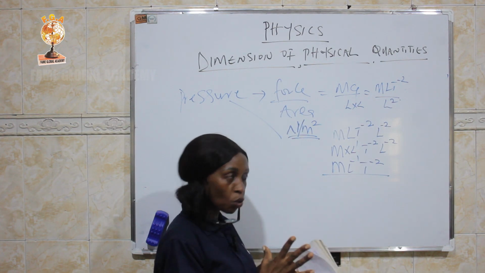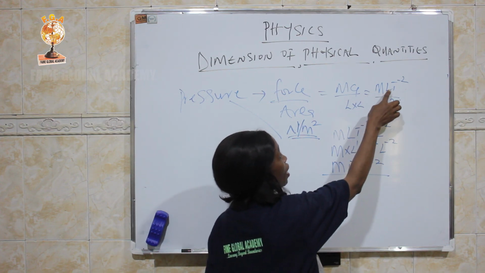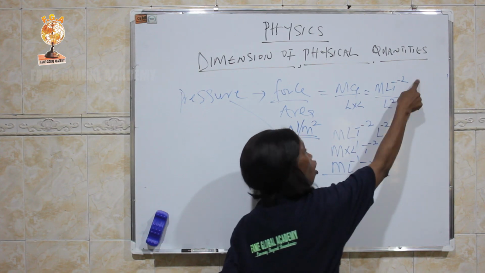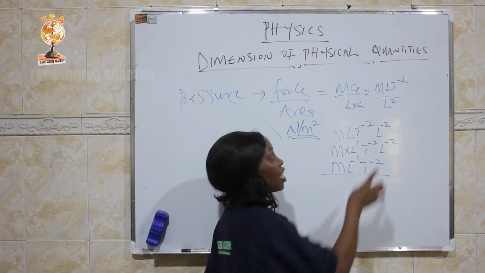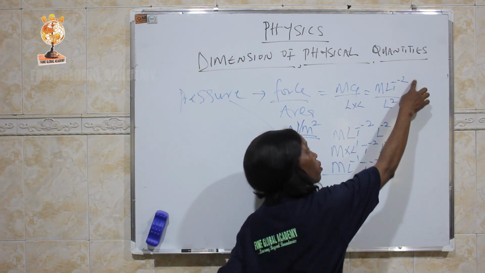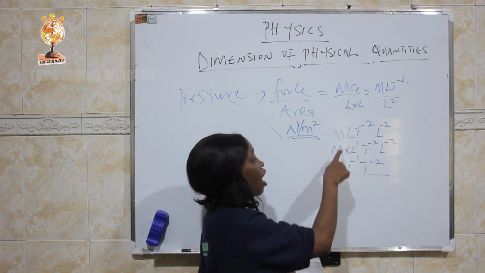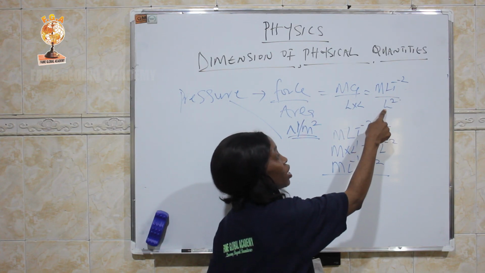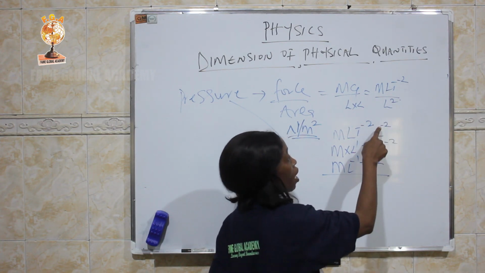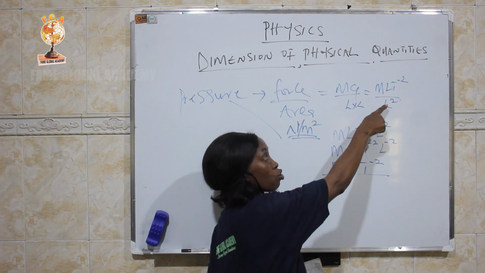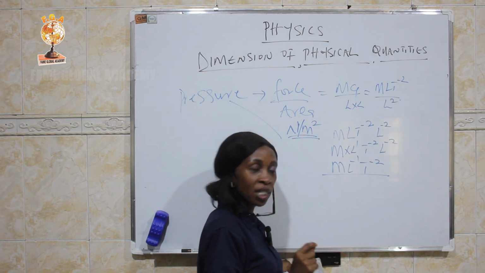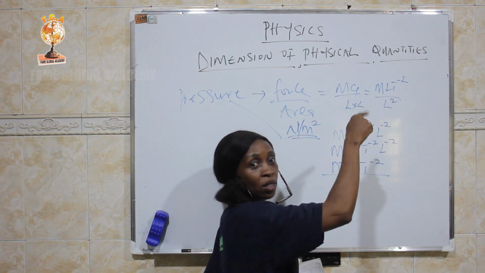If I combine it together, it becomes MLT minus 2 all over L square. But I need to take it upward to balance it. Now, if this is plus 2, once it goes up, it becomes minus 2. So you have ML T minus 2, L minus 2. It's plus 2, though I don't put the plus there, but you should know as a student that it's plus 2.